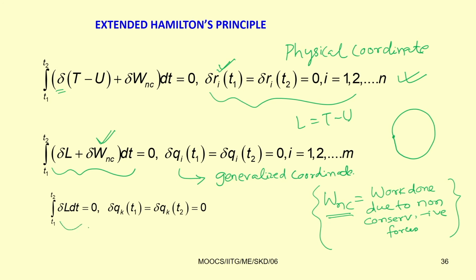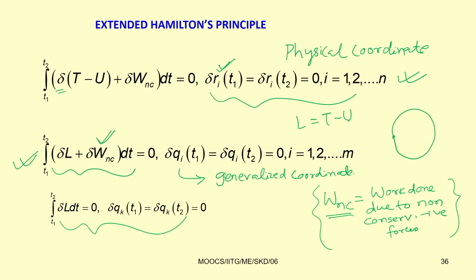So, this equation is known as Hamilton's principle, and this is the extended Hamilton principle. The extended Hamilton principle is obtained by including the work done due to the non-conservative force.